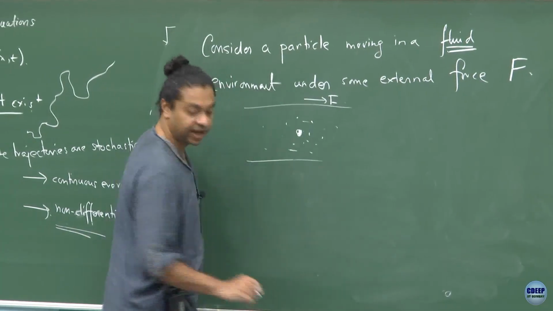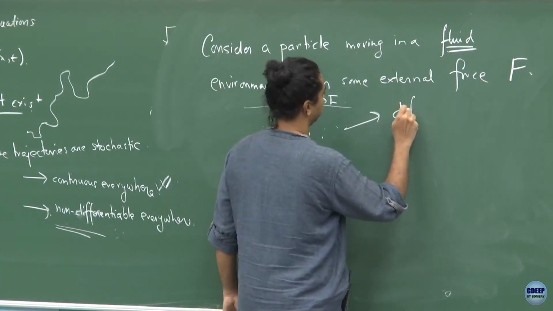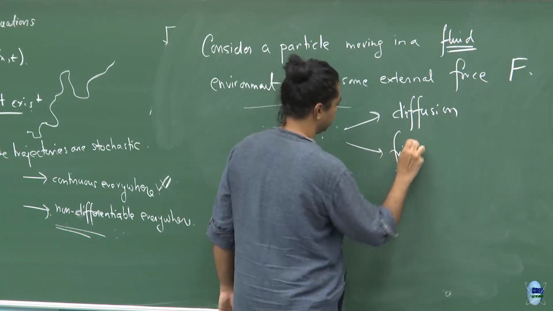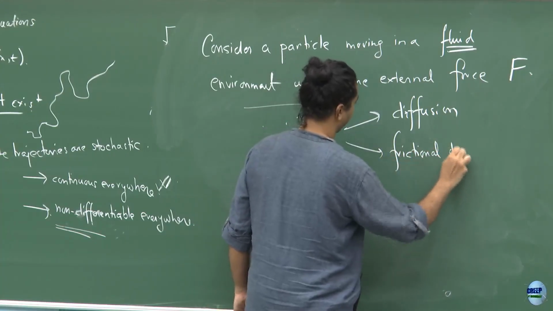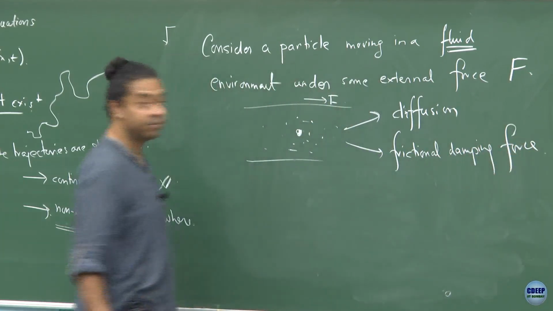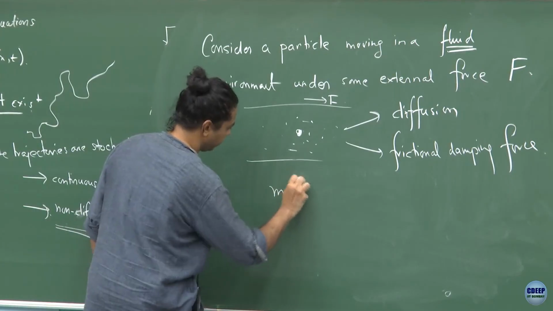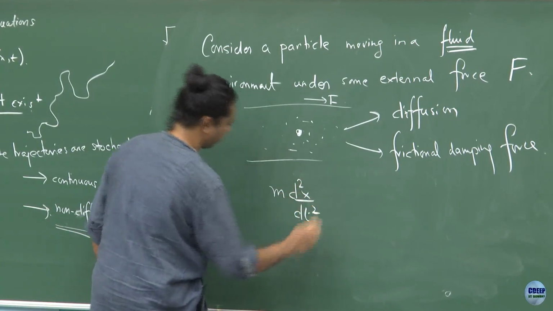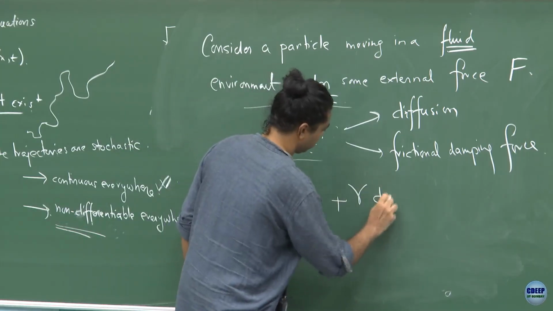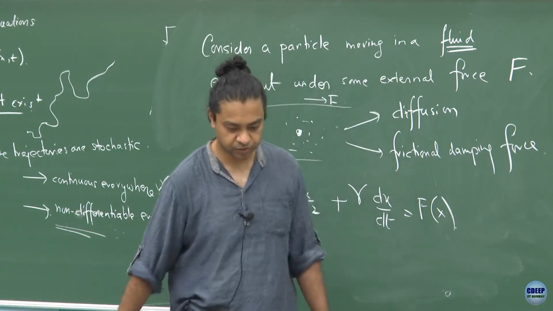So, for the time being, if I ignore diffusion, so there is diffusion, collisions with fluid particles gives you diffusion, and it gives you a frictional damping force. So, if for the time being I ignore diffusion, then what I would have is m d2x dt2, right, plus gamma dx dt is some f of x, whatever is your external force.